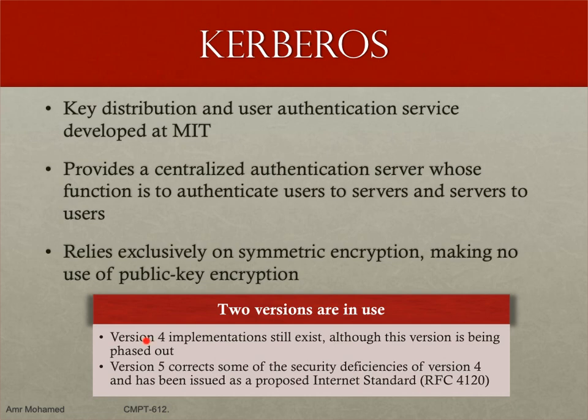Okay? So there is version 4 and version 5. The main difference between the two is that there were some security issues that appeared with version 4. In version 5, they have replaced some encryption techniques; for instance, instead of DES, they use AES. At the beginning in version 4, they used DES, and as we said before, DES turns out to have some issues in terms of cryptanalysis.